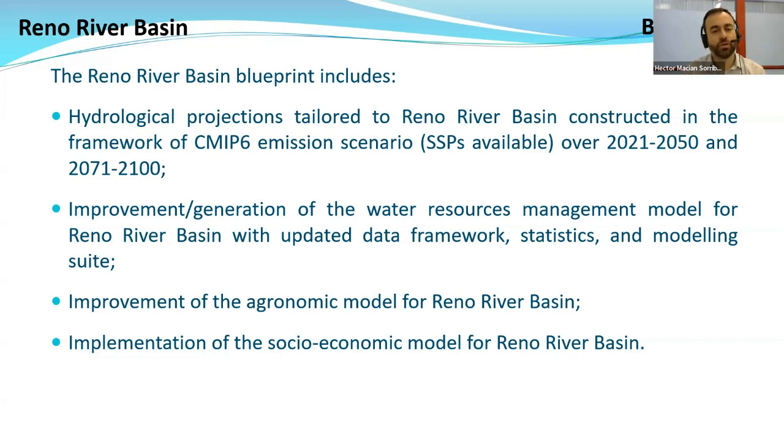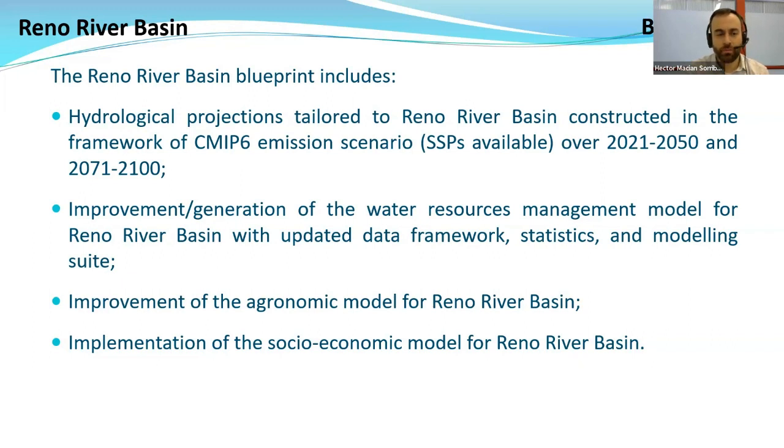Also, improvement and generation of the water resource and management model for the Reno River Basin. Currently, there is a Topkapi model, but depending on the flexibility on changing the Topkapi model, the WEB can also be adopted, and also including statistics in the new modeling suite.